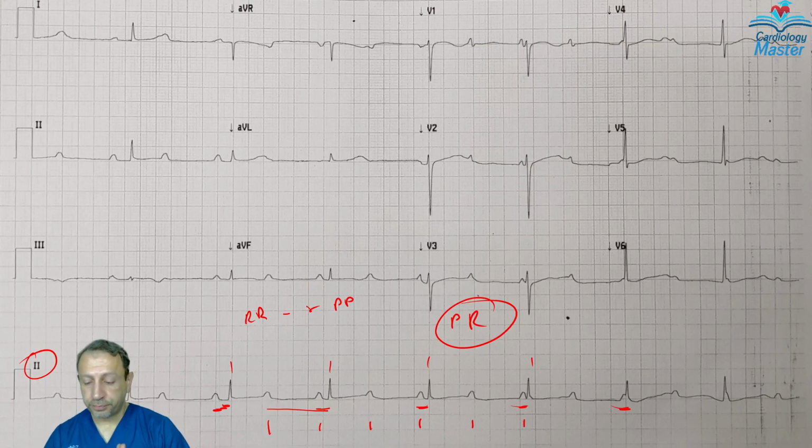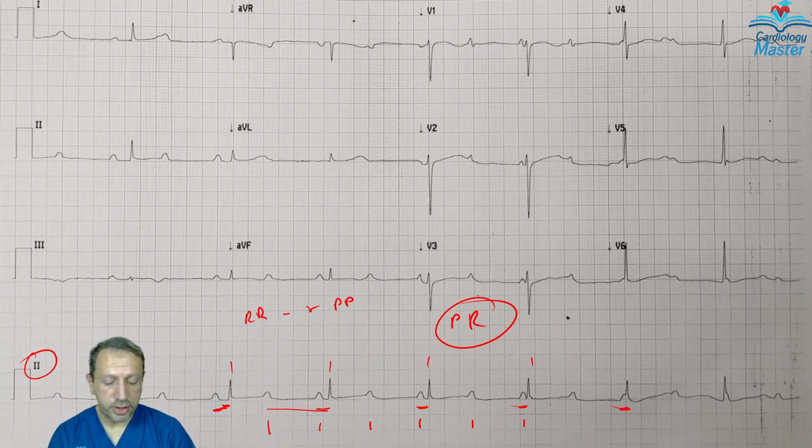Okay, and there is complete dissociation between the P waves and the R waves. What does that mean? That means that the P waves depolarize in a manner that is different from the ventricular depolarization. Each has its own depolarization and works separately.